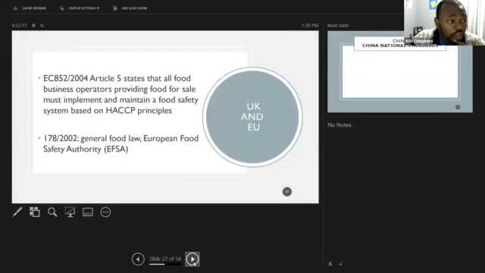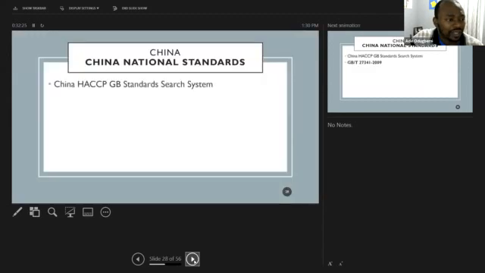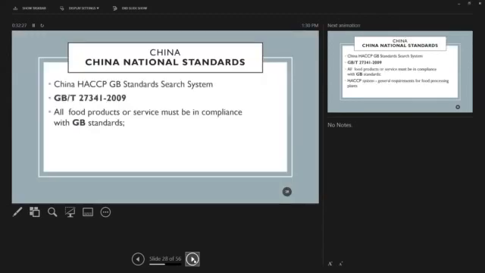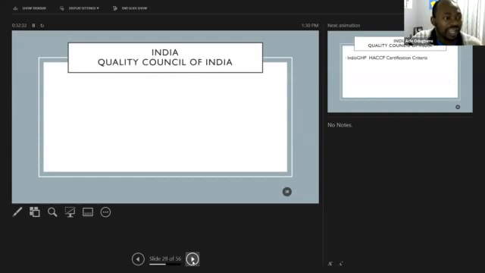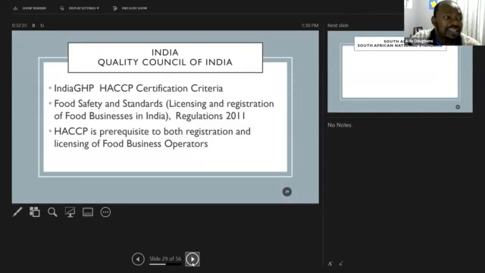In the UK and the EU, the law again requires that all food manufacturers must have a HACCP program. In China, the China Standards Board of 2009 requires compliance with HACCP regulations. In India, the Quality Council of India says for you to be able to sell food in India, HACCP is a prerequisite condition.